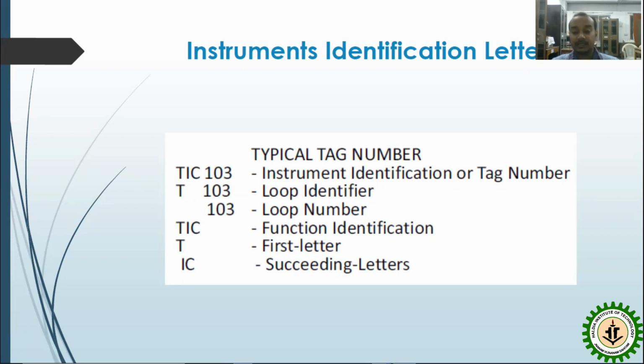TIC, these three letters will be known as the function identification, in which the first letter T and IC are called the succeeding letters. In the next part, we try to get the idea of what full information we can get from this TIC, in which T is the first letter and IC are the succeeding letters.